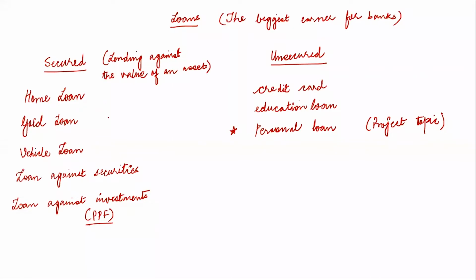I give it to Muthoot Finance. I say, look, I'll take a loan of 15 lakhs and they keep my gold. They lend the money. If I give back the money, then I get back my gold. Now this is in case of secured lending.